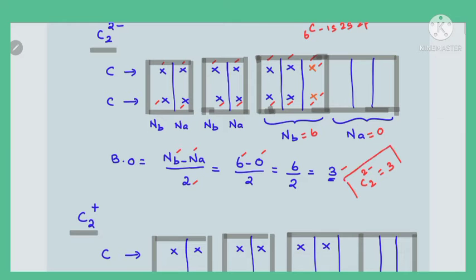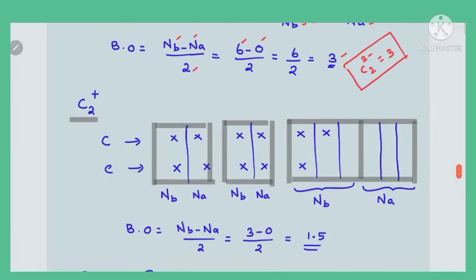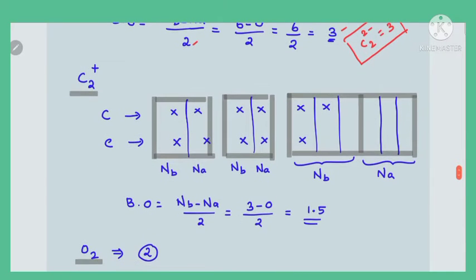Just remember this. Next let us calculate the bond order of the C2 plus ion, a carbon molecule lacking 1 electron. So we have to remove 1 electron from the carbon molecule. We have written 2 carbon atoms with electronic configuration. The first one has 1s2, 2s2, then 2p2, all 6 electrons.